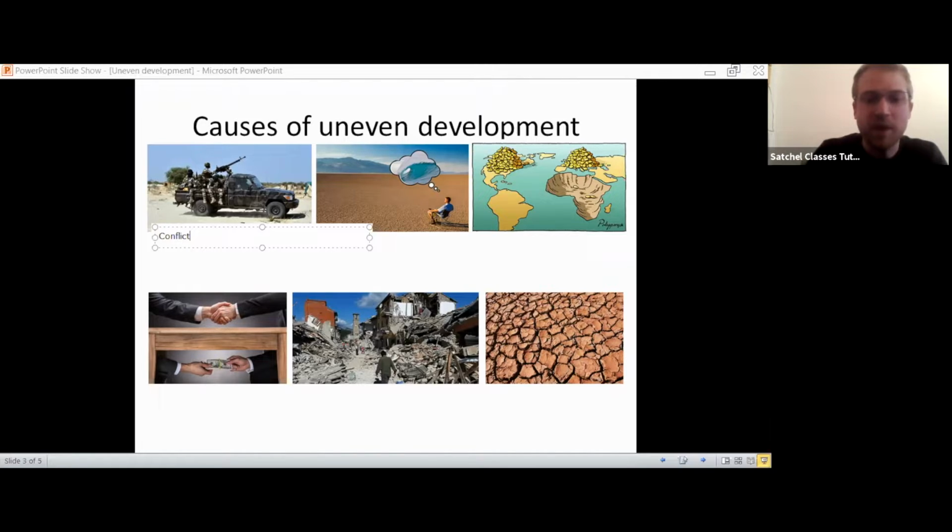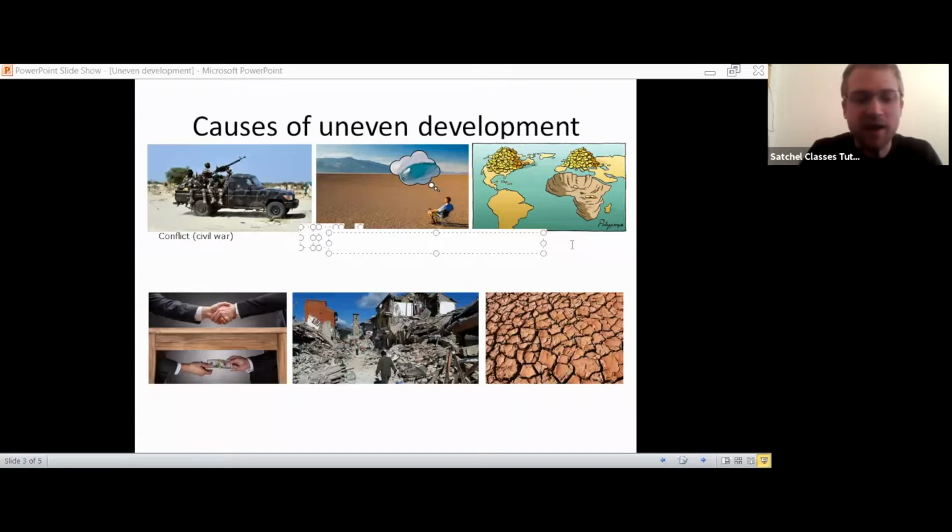They will be held back. Or it could be civil war. So that's what our first image represents. The second one's a little bit trickier. This is a completely barren place, but you've got that visualization of water.